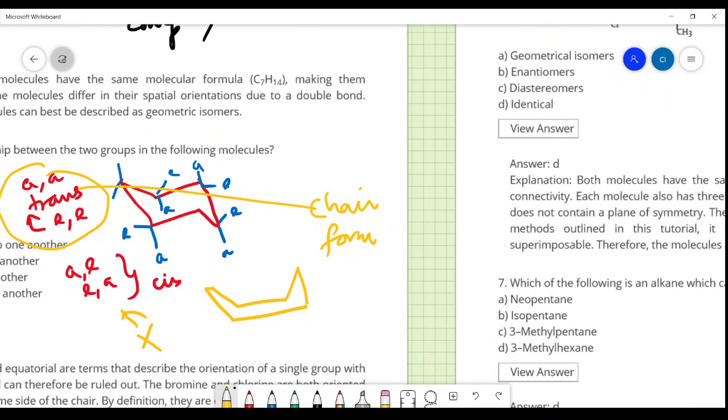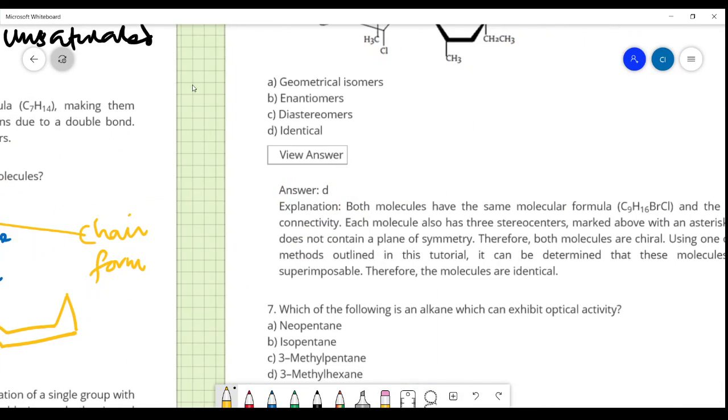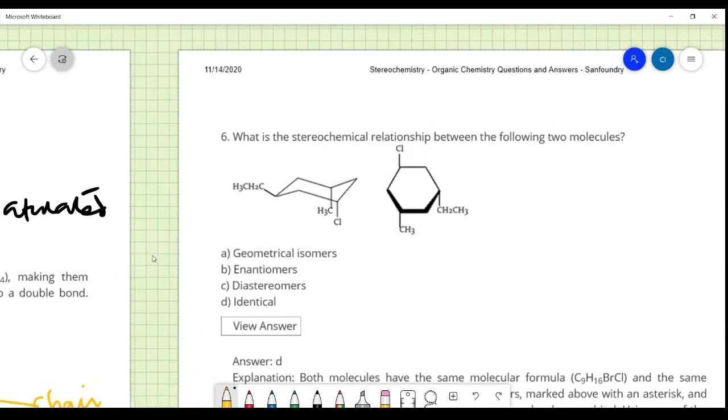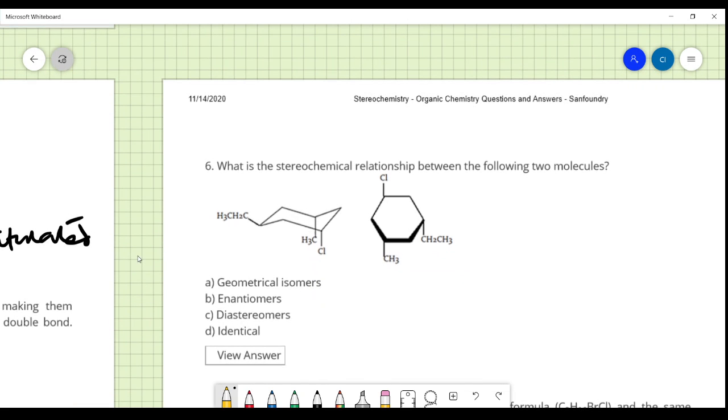Next is question number 6. What is the stereochemical relationship between the following two molecules? This is also a cyclohexane, and this is also a cyclohexane.